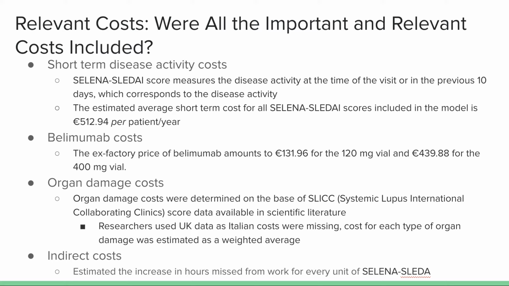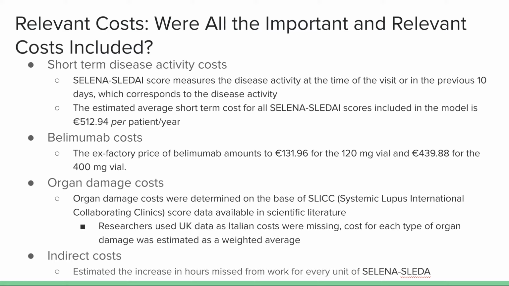Next, the Belimumab cost that they acquired was the acquisition costs, and it was found to be 131.96 pounds for the 120 milligram vial and 439.88 pounds for the 400 milligram vial.